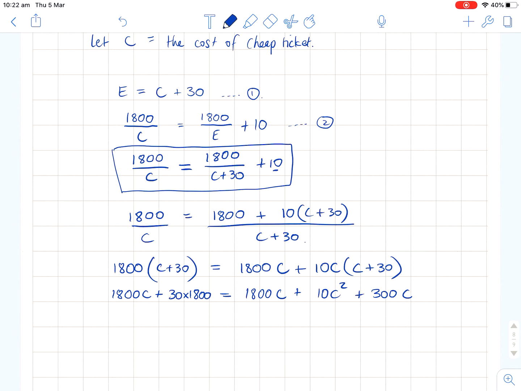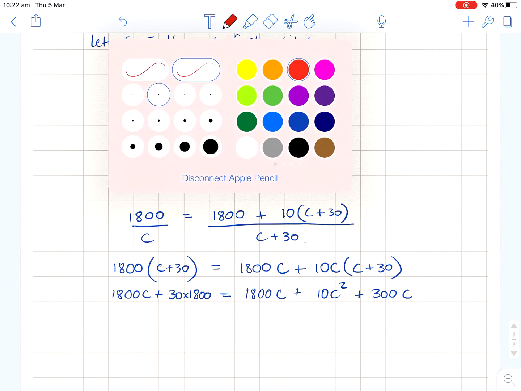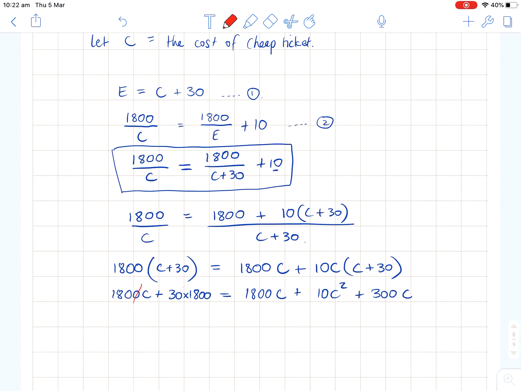All right, everything is a multiple of 10 here, so I'm going to divide everything by 10. It gives me slightly smaller numbers, so 180C plus 3 times 1800, that's 2 times 18 is 36, and then 3 times 18 is 54, so that's 5,400.